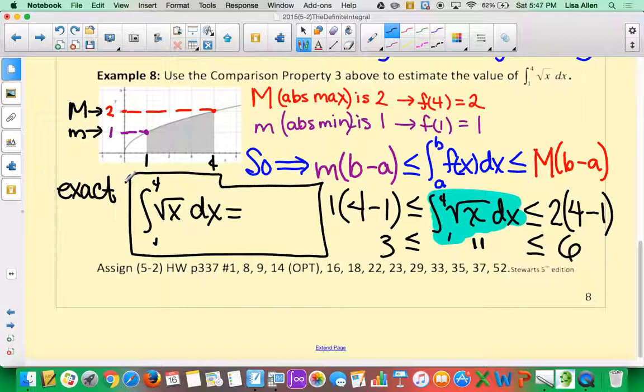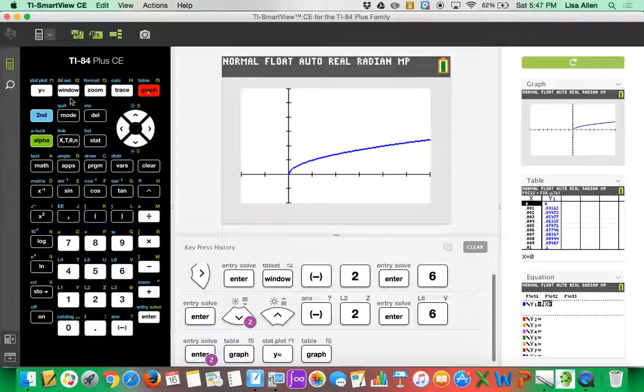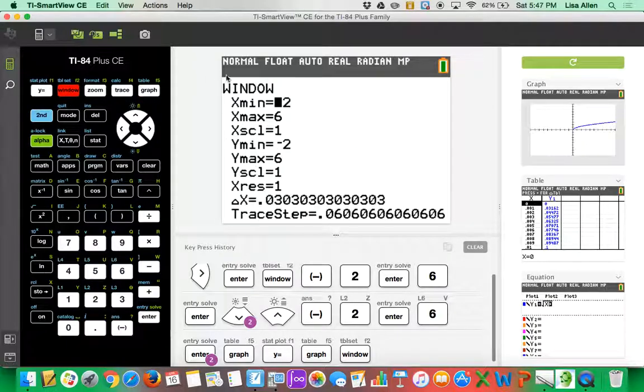Go to the calculator, put in y equals, put in the square root of x, and then go to your graph. I also note that I have a window with x min of -2, x max of 6, y min of -2, and y max of 6.